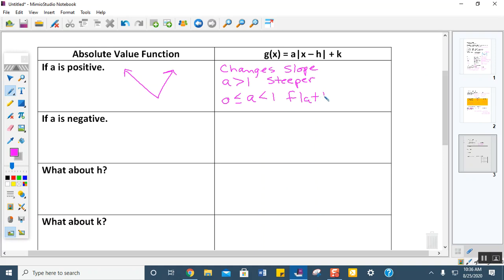So like a slope of 1/3 means you're only going up 1 unit for every 3 you go over. Okay? If a is negative, same thing for this, but instead of having a V shape, you're going to have a mountaintop. Okay, so if a is negative, it flips over the x-axis.